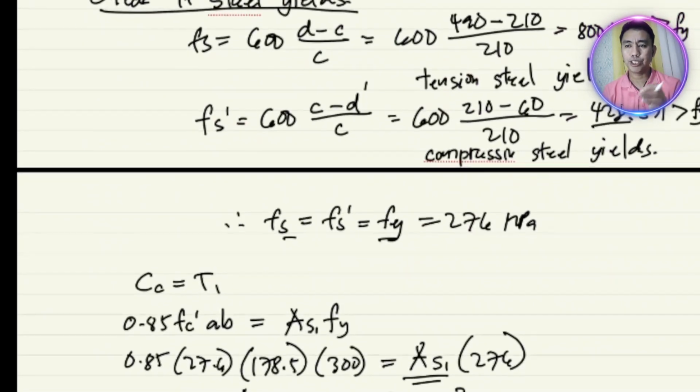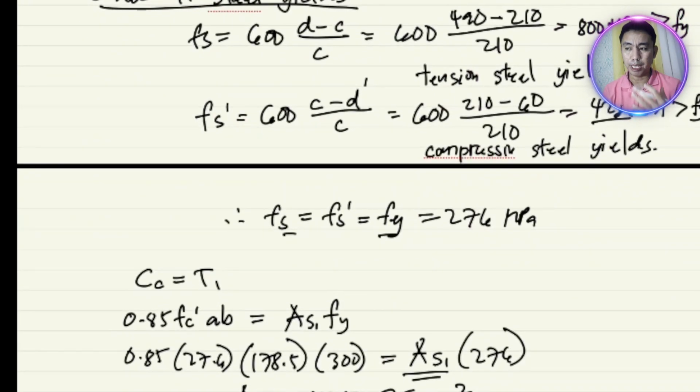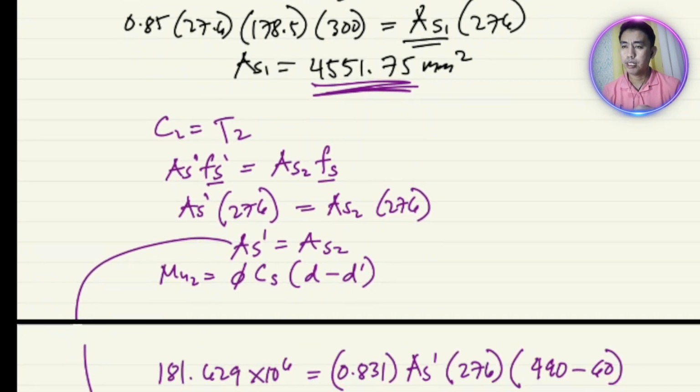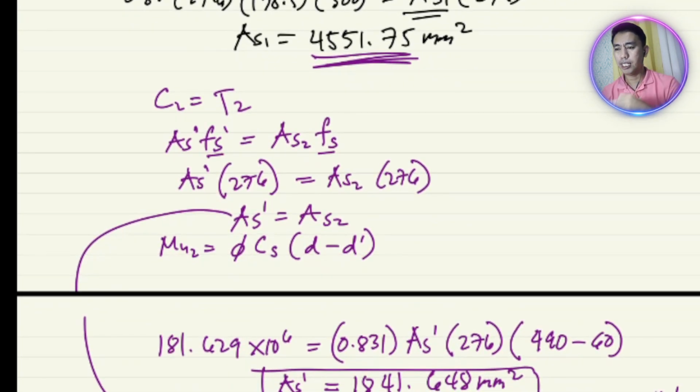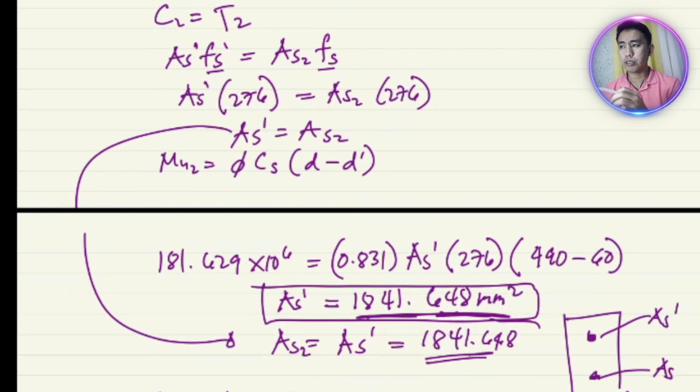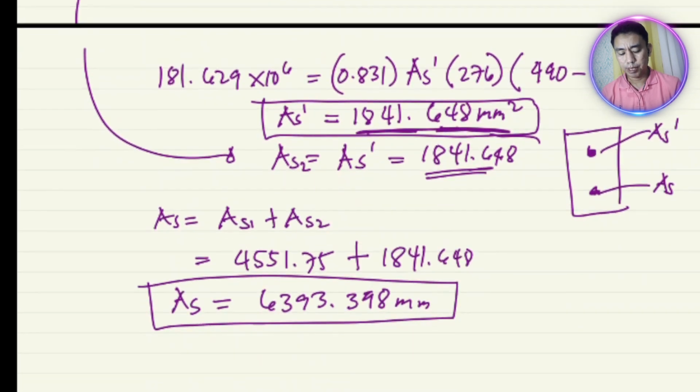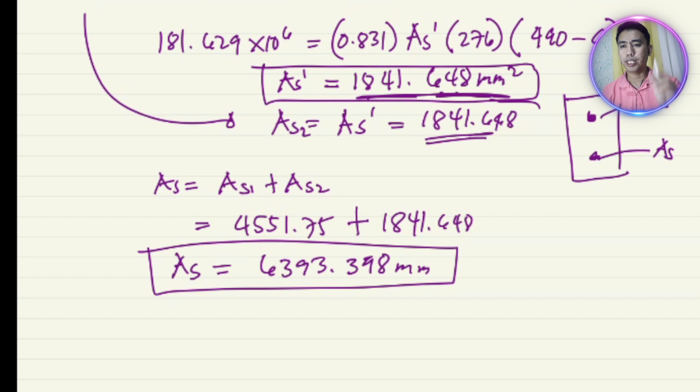Pagdating natin sa investigation na doubly reinforced, mas mahaba pa dito kasi may mga cases na yung steel hindi mag-yield. Okay? So, but here we can control. But most of the time, ang steel mag-yield dito sa designing. But in investigation, yun na nga, hindi natin control yung area ng rebar. So, kung ano nakalagay doon, we just investigate.